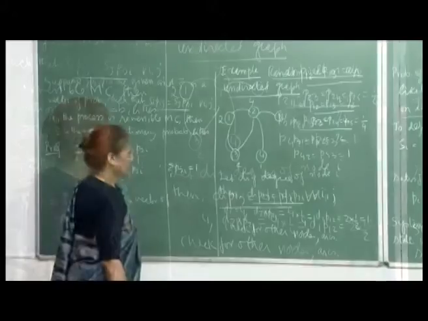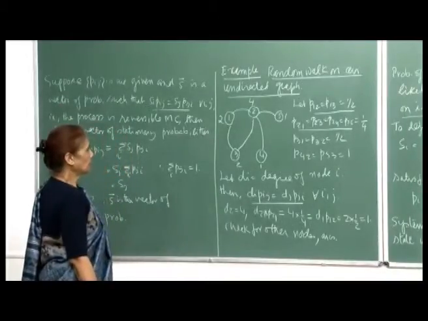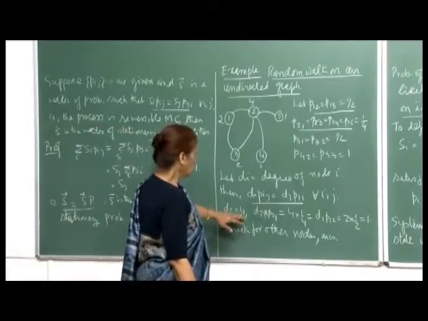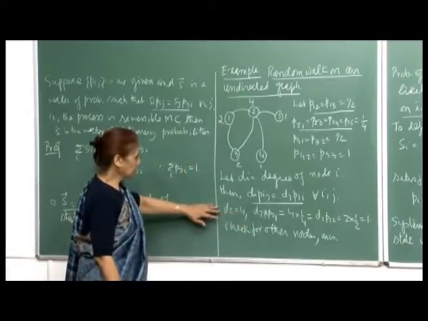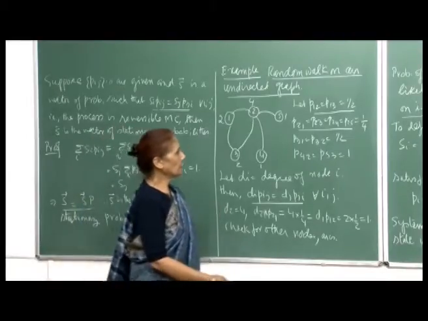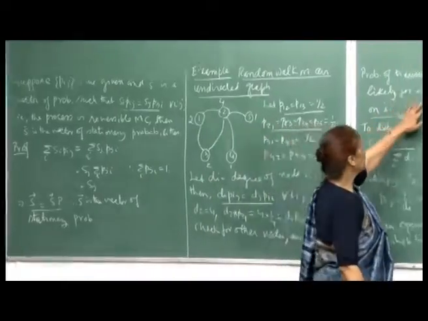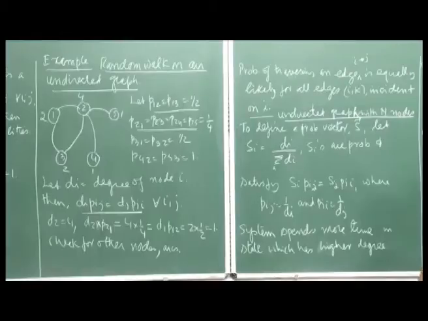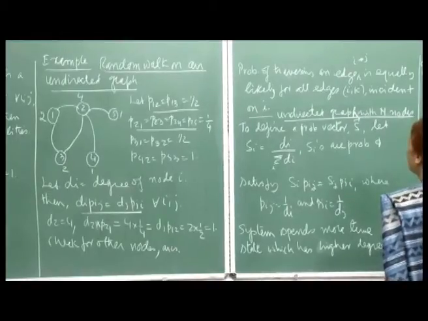So, this is an example, and now we would want to convert the d_i's into probabilities. The probability of traversing an edge ij is equally likely for all edges ik incident on i.